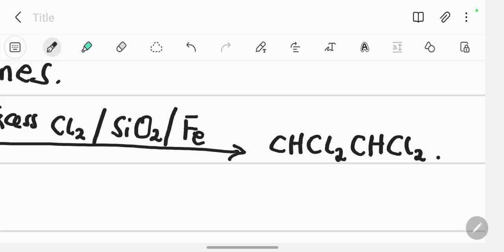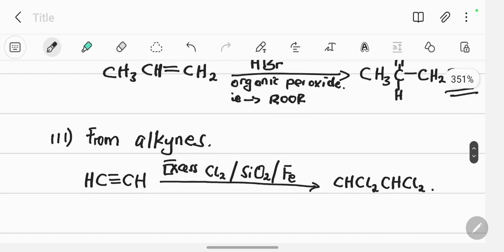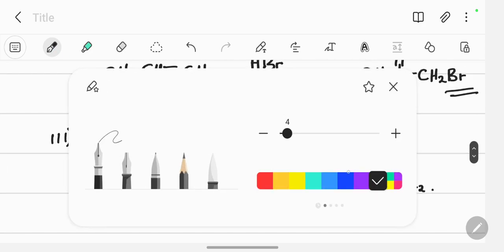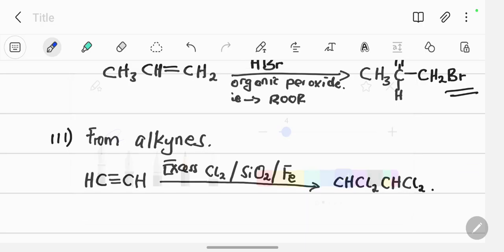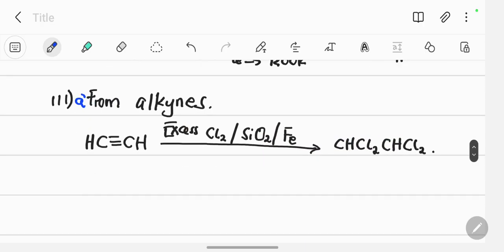Then when we use a hydrogen chloride, what do we get? So this one I will call my part A of that section.